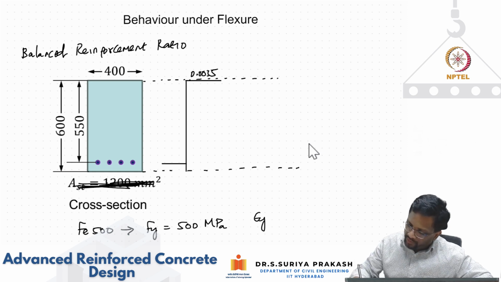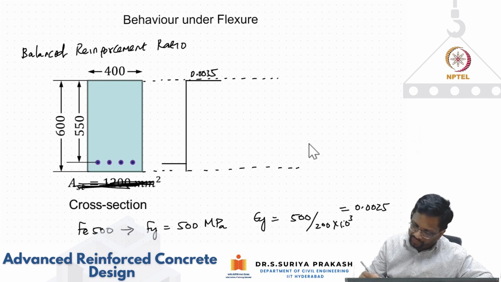So epsilon y is nothing but 500 divided by 200 into 10 to the power of 3, which works out to be 0.0025.